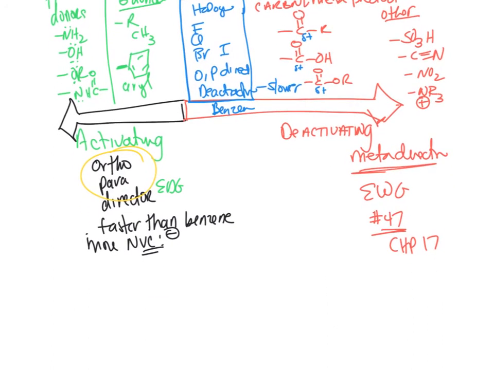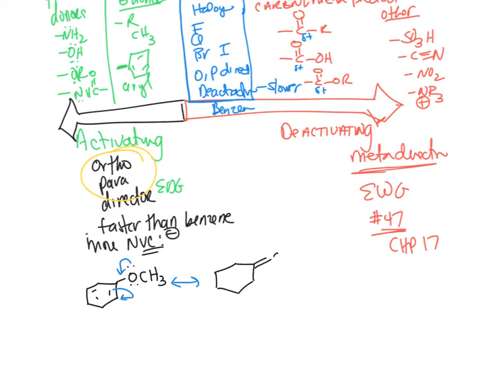Now, it says here, drawing resonance structures can predict whether a group is electron donating or electron withdrawing. Using curved arrows, draw 3 resonance forms of anisole. Okay, so you will have to do this if I ask for a mechanism and ask for all the resonance structures, and this explains why. So I just gave you the pattern, but this is going to explain why. So if you draw this here, you can see that those pi electrons are donating inside the benzene ring.